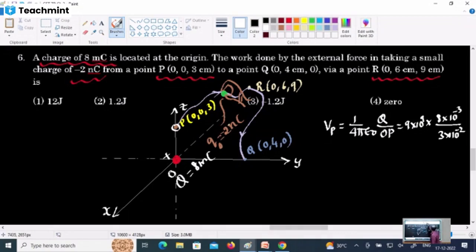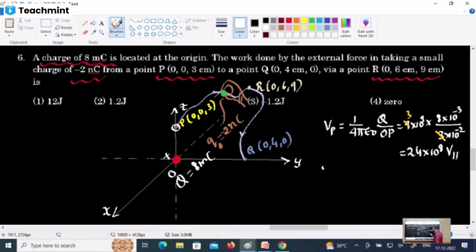So 3 eights are 24. So you get 24 into 10 to the power plus 8 volt.